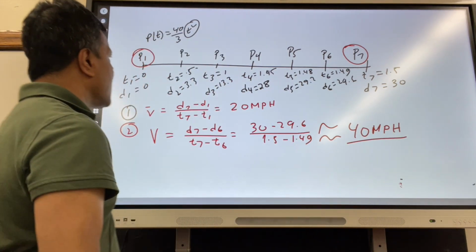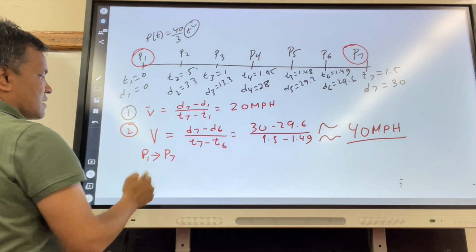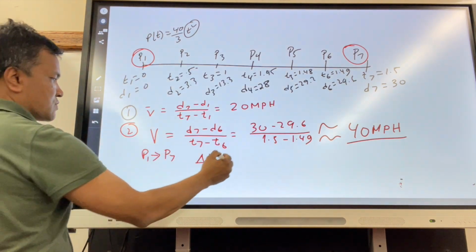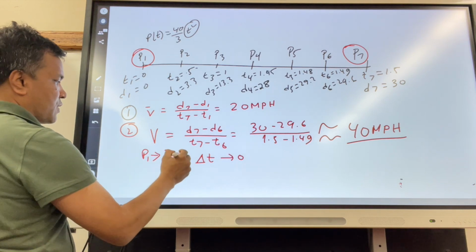What does that mean? If the distance between P1 and P7 is getting to 0, the time between these two is approaching 0. The time between these two is 1.5.